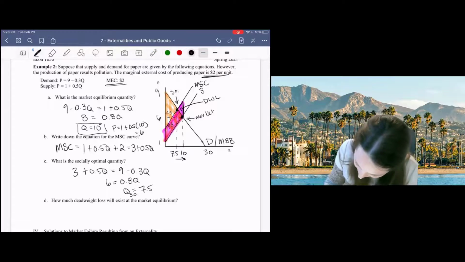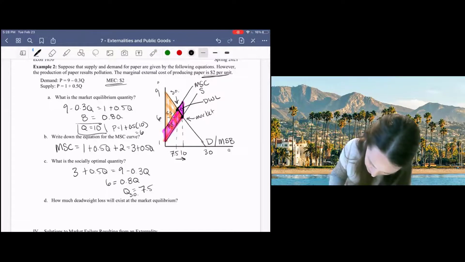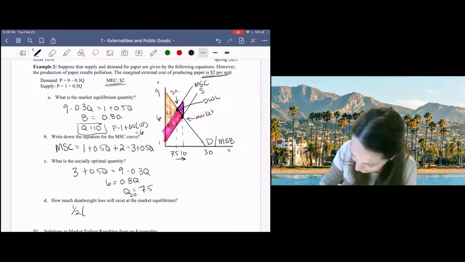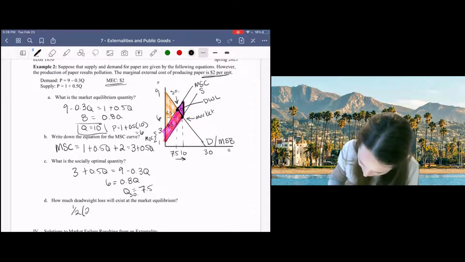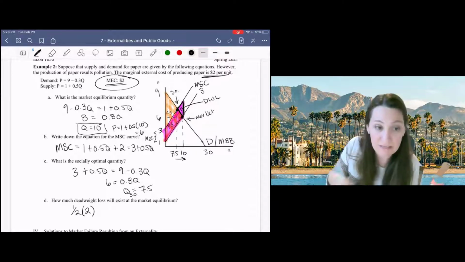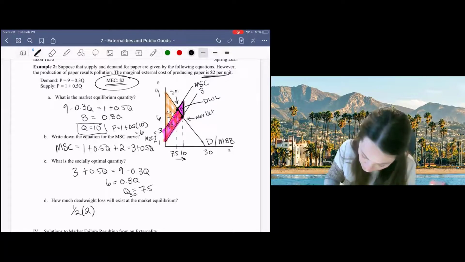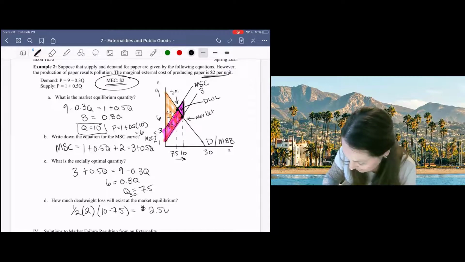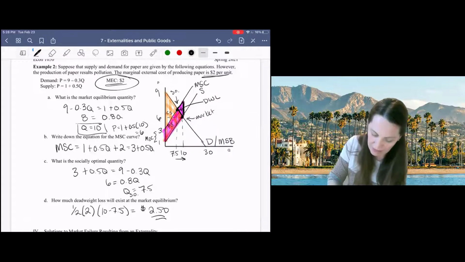So I can calculate the area of this deadweight loss triangle. It's 1/2 times the height, which is the marginal external cost, which is 2 in this example, right? That's always just going to be given in the problem. And the width of the triangle is the difference in the quantities. So that's going to be a total deadweight loss of $2.50.